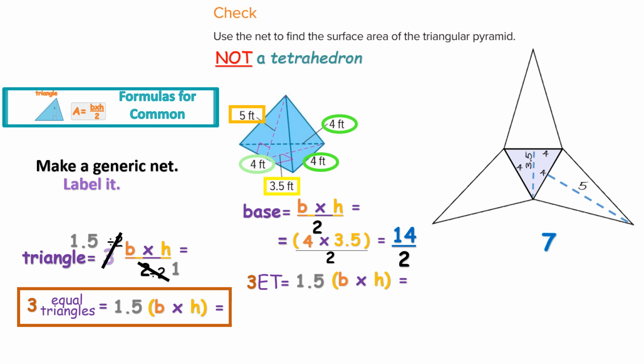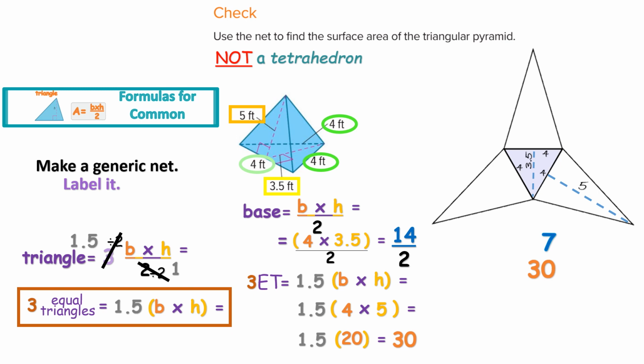So if I set that up, 3 equal triangles is equal to 1.5 times the base times the height. I know that I have a base of 4 and a height of 5 for those side triangles. So I multiply, parentheses first, order of operations: 4 times 5 is 20, and then 20 times 1.5 is 30.